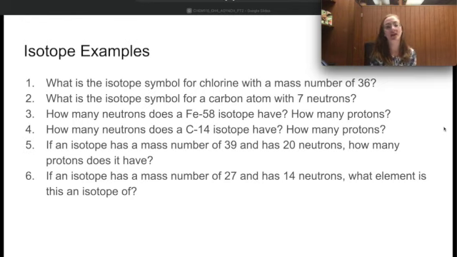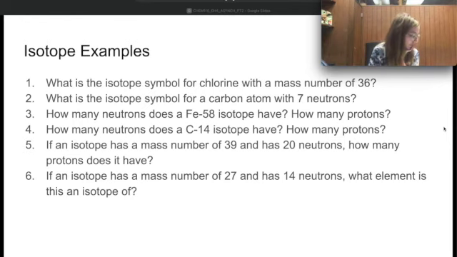So if I'm looking at an isotope with a mass number of 27, and it has 14 neutrons, I know mass number is number of protons plus number of neutrons, so I can subtract out my number of neutrons to get my number of protons. So if I have a mass number of 27, I can subtract 14 neutrons, which means I have 13 protons.